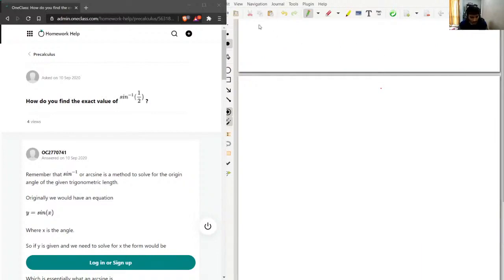So this one is question number 2, and it is asking how do you find the exact value of sine inverse of half, or 1 by 2?